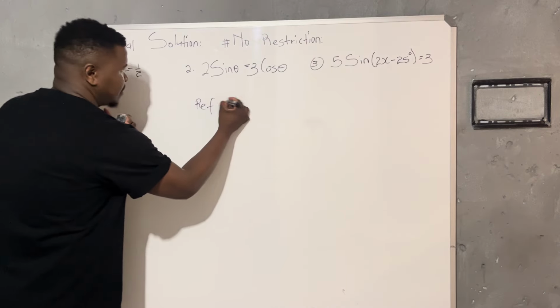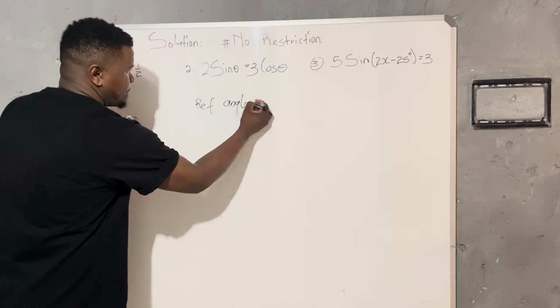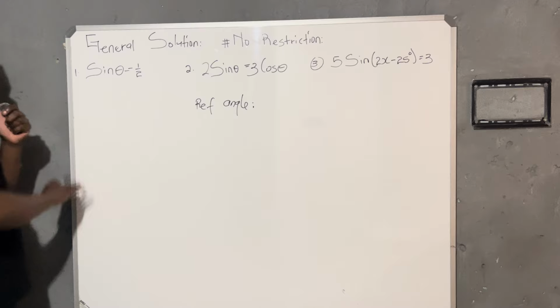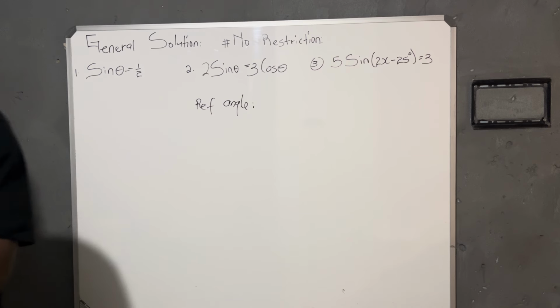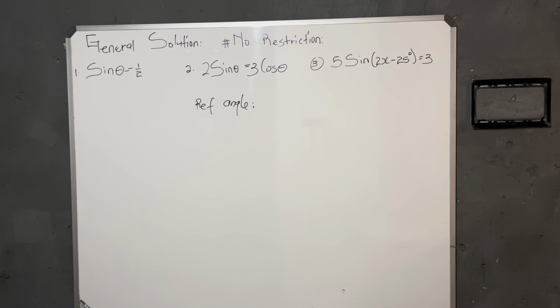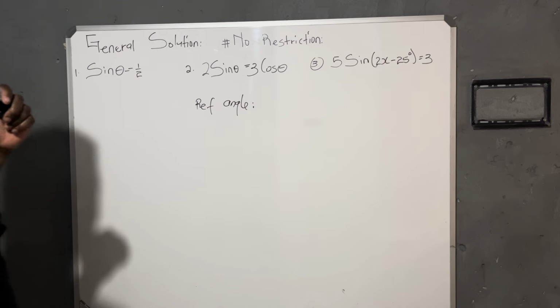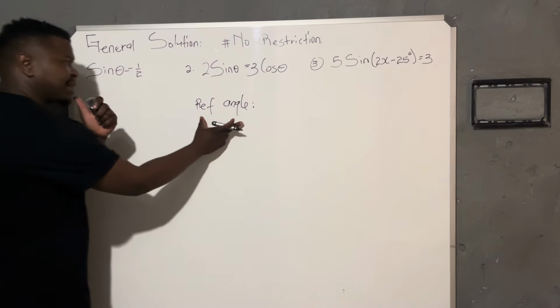reference angle. Let's check on that, because we're going to talk more about a reference angle. Once you understand what is a reference angle, everything is going to make sense. How do you find a reference angle?